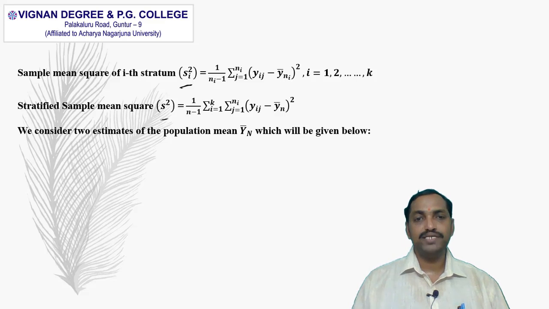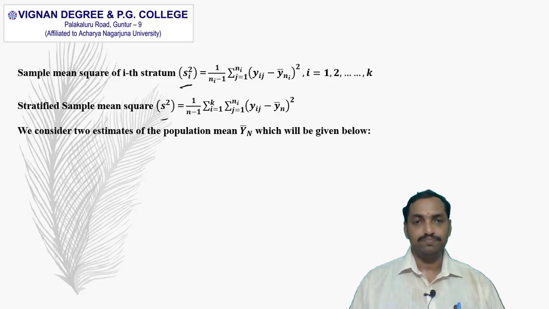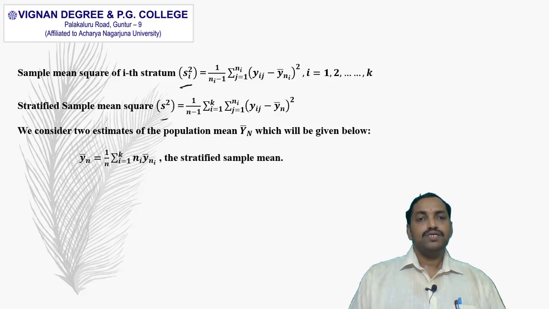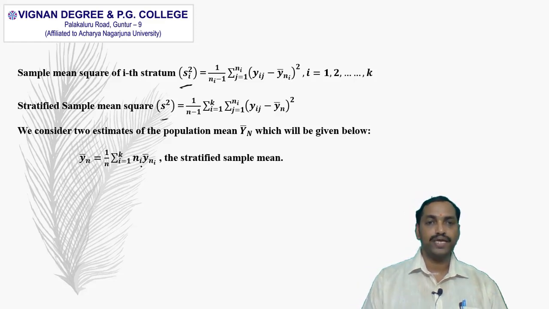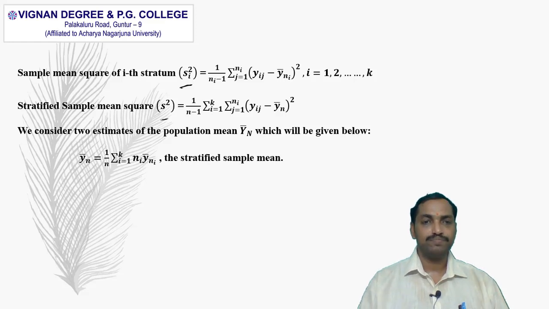We consider two estimates of the population mean, capital Y bar, which will be given below. So stratified sample mean is denoted by small y bar and is given by the formula 1 by small n into summation i equal to 1 to k n_i into y_i bar.